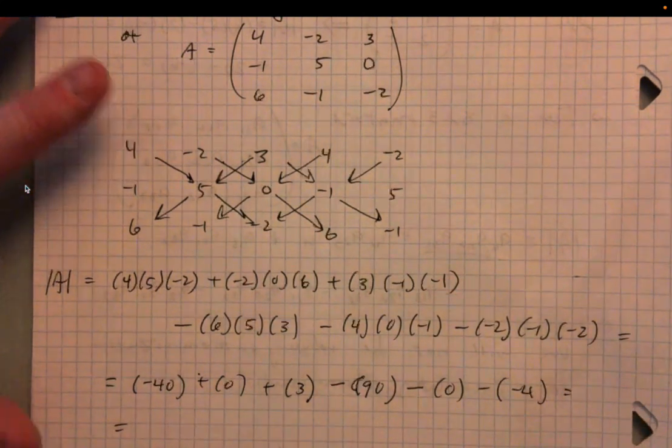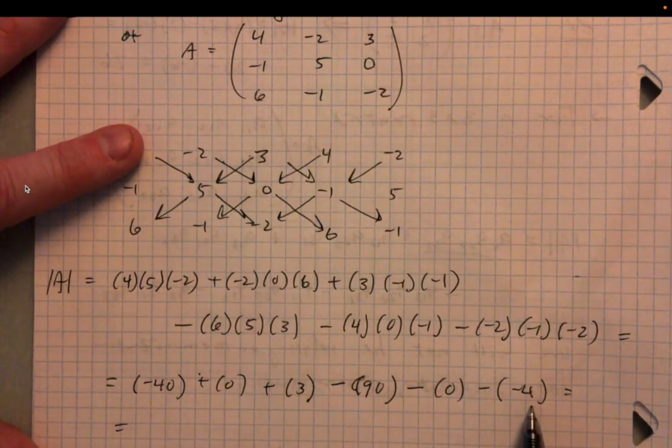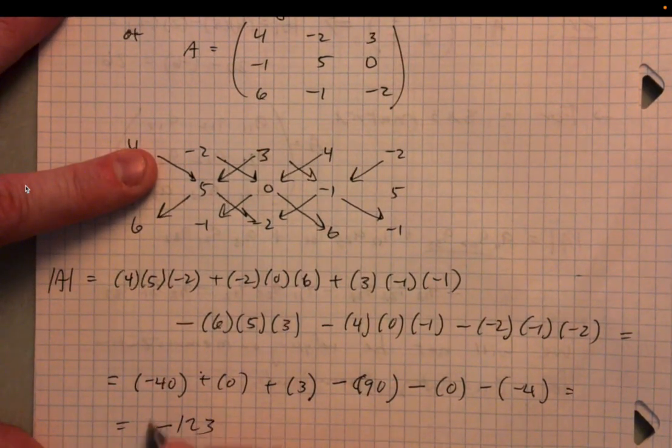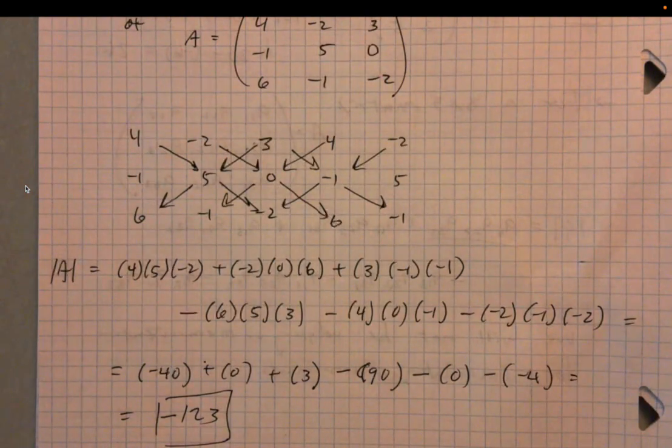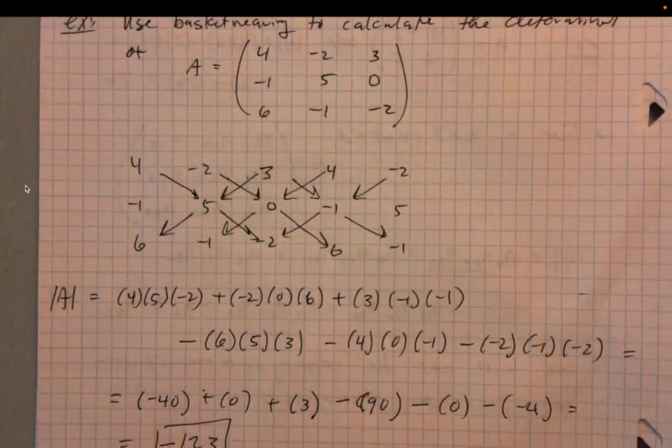When you add all of those up, you should get -130 plus 7, so -123. There we go. So there's the determinant of A. Not terrible, not too bad.